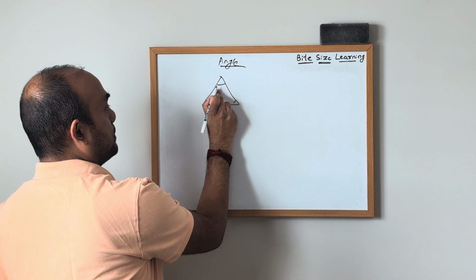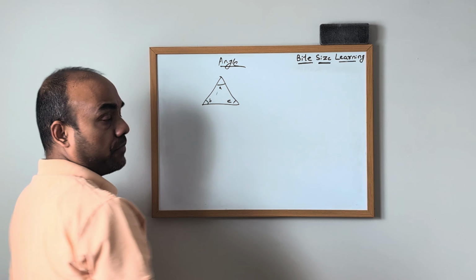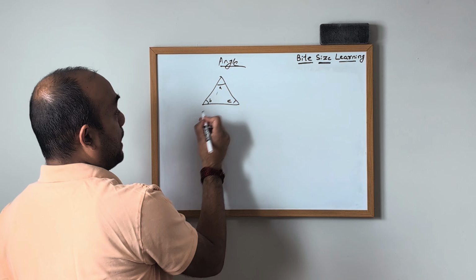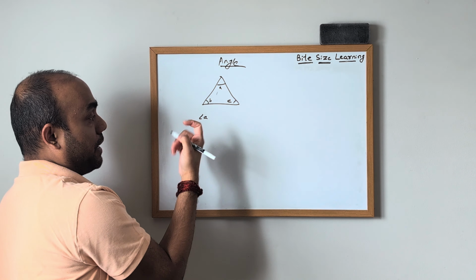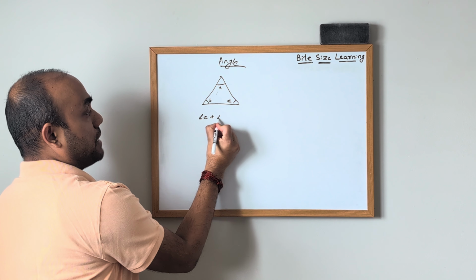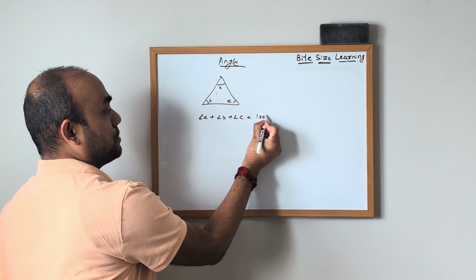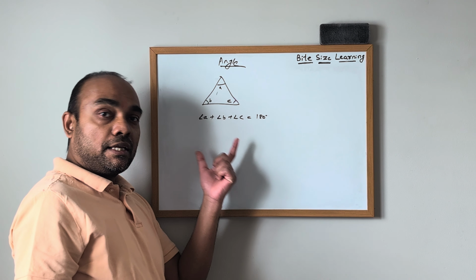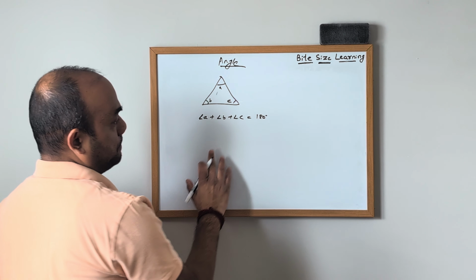Let's say the angles are A, B, C. This is how you denote an angle. So angle A plus angle B plus angle C is equal to 180 degrees, right? So always in a triangle, the sum of all the angles is equal to 180 degrees.